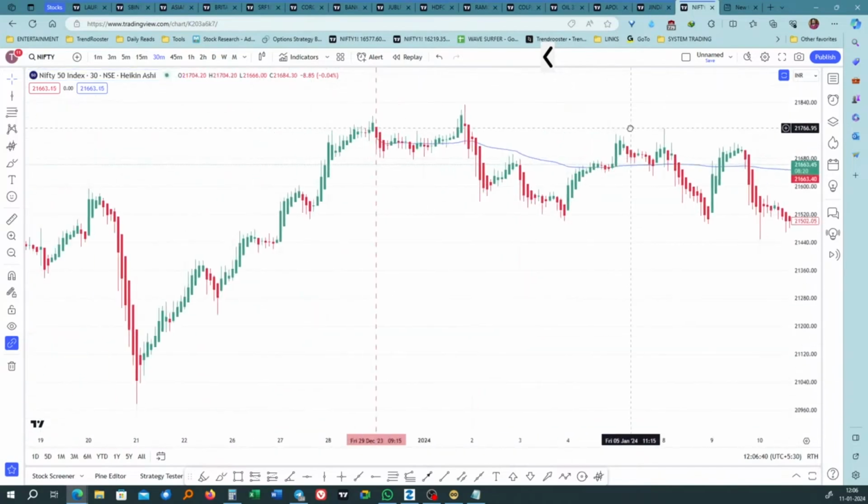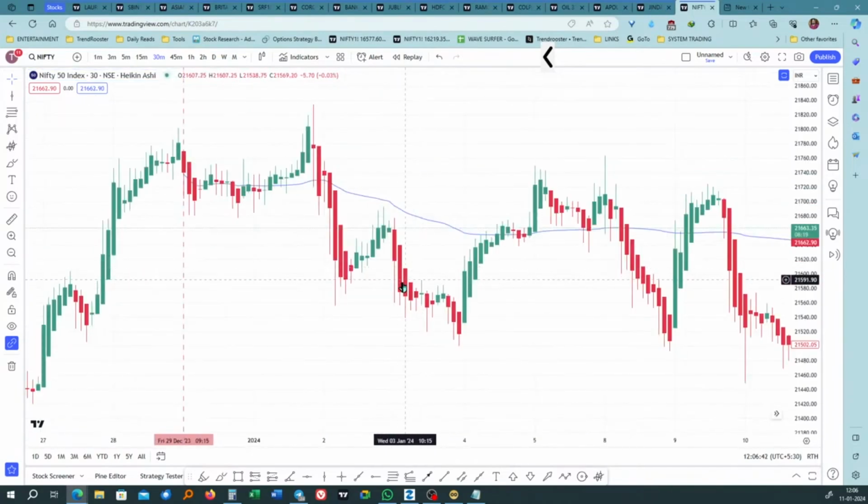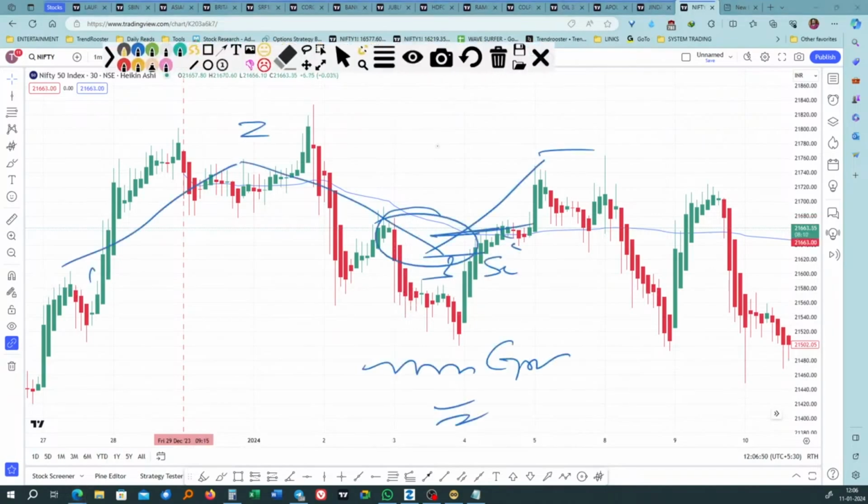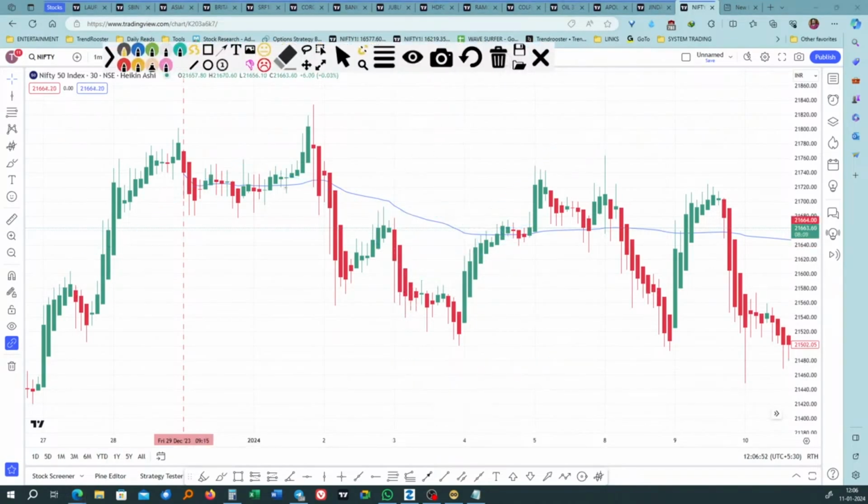Other than that, they use multi time frame Heikin Ashi candles. What I mean is, for example, right now we are using the Heikin Ashi candle on the current time frame, right?